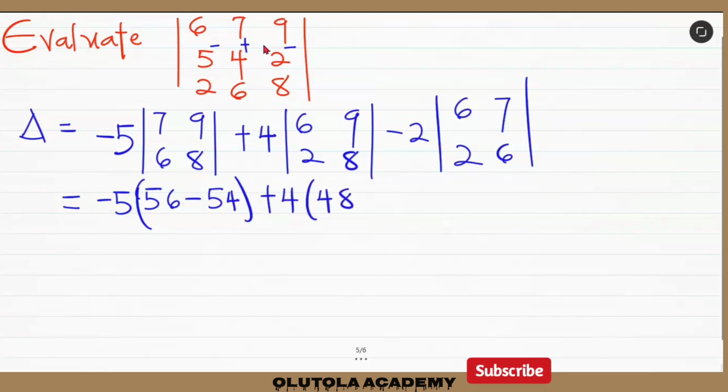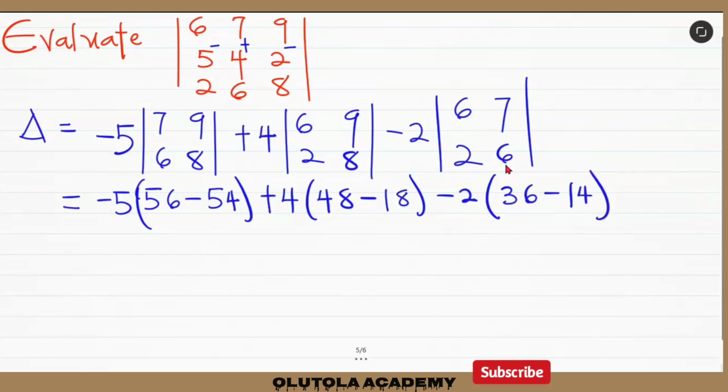That's 6 times 8 minus 18, 9 times 2, negative 2. We have 6 multiply 6, that's 36 minus 14. So this will give us negative 5 into bracket 2, and positive 4.